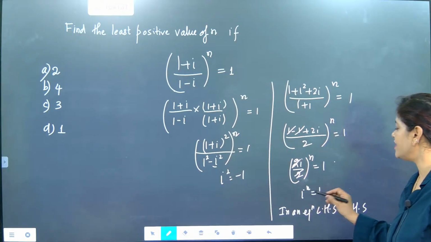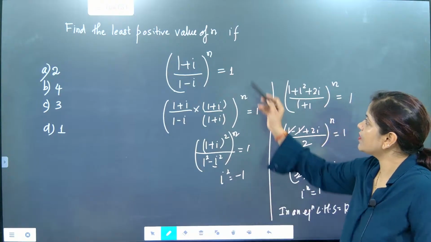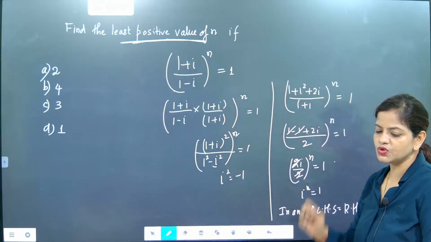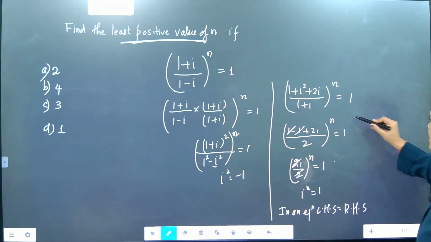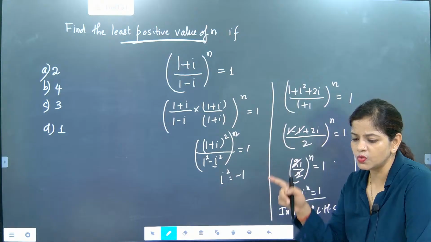So what value of n will exactly, actually the question is least value. In the question, if you will see, find least positive. That means n has to be least, n has to be positive also. So when you are checking, you must check one thing here, least positive. So i to the power n is equal to 1 given.